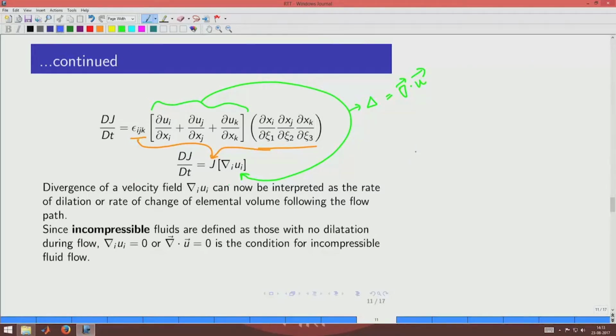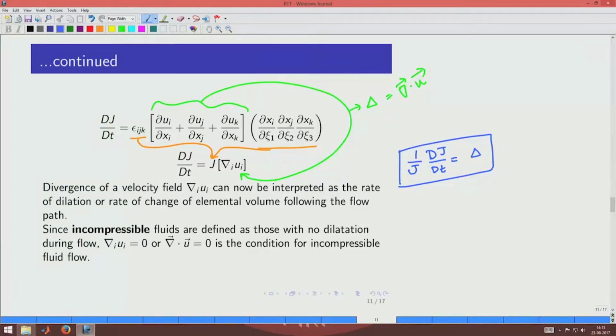We can write it as 1 by J, dJ by dt, is equal to delta. So, we have another way of describing incompressible fluids. We earlier introduced the concept of incompressible fluids, saying that those are the fluids for which the material derivative of density is 0, or the density of a control volume as it is moving along the flow should not change.